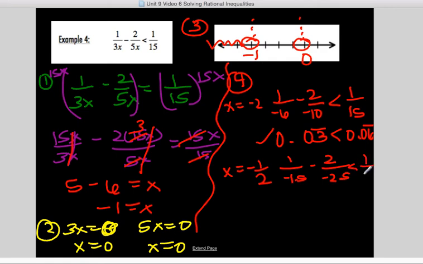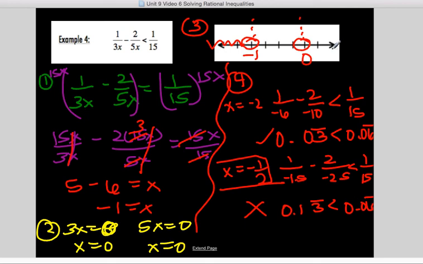Is that less than 1 over 15? If you type the left-hand side in, remember this is what I plugged in, not the equation, I'll get 0.13 repeating. Is that less than 0.06? No, this is bigger. So that does not work.